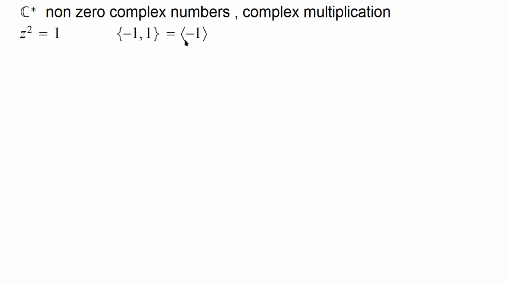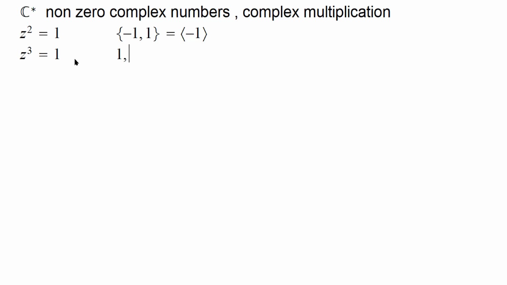Now, on the other hand, if we are looking at the solutions of, say, z cube equals 1, all right, so we know that there is one solution already, and the other two solutions are complex numbers. Now, if you didn't take a course in complex numbers yet, don't worry about it. We are just going to calculate it out.